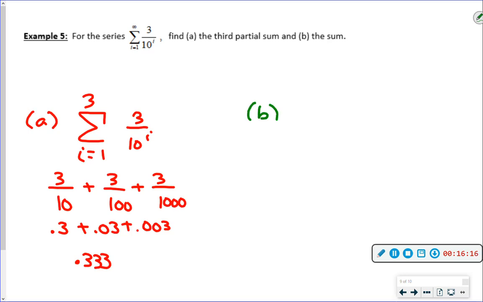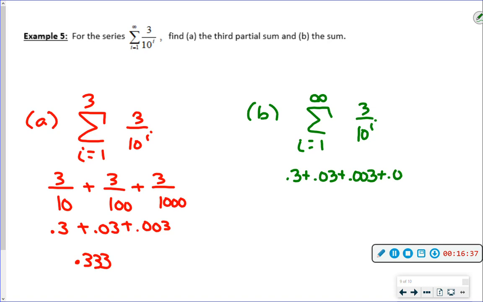Okay, B, the sum. So to infinity and beyond. I couldn't help myself. Now, I already wrote out the first 3 terms over here, so I'm not going to reinvent the wheel. We had 0.3, 0.03, there's the third one, and here's the fourth one.